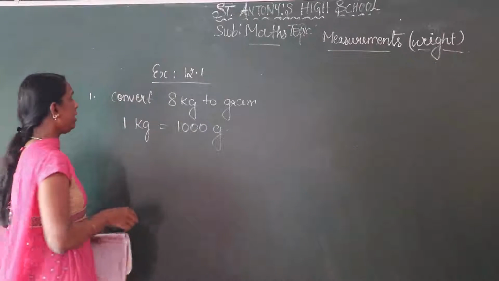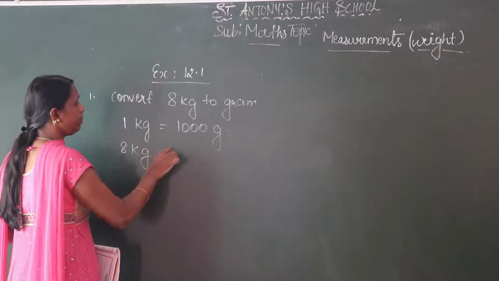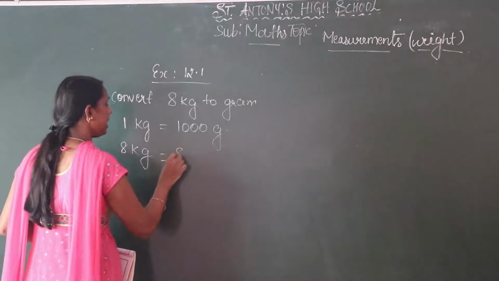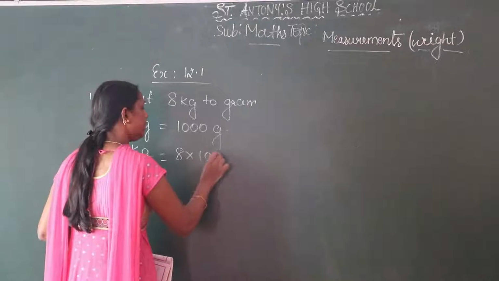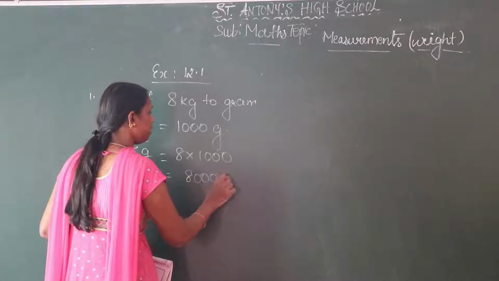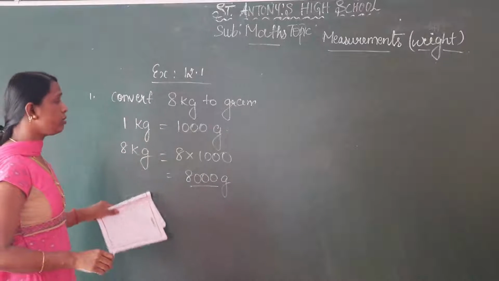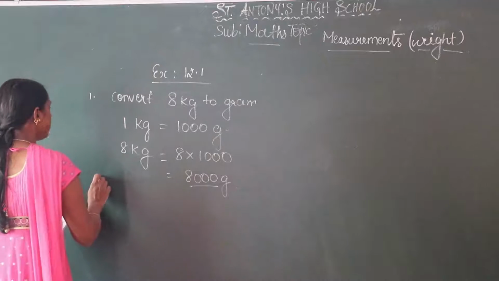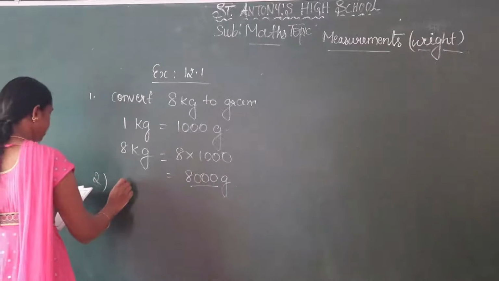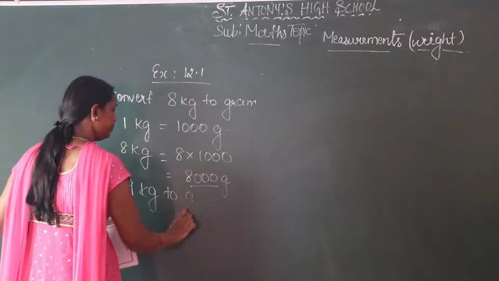Here 8 kg is converted into grams. That's why 8 into 1000. Answer is 8000 grams. Okay, children. 8 into 1000 you get how much? 8000 grams.